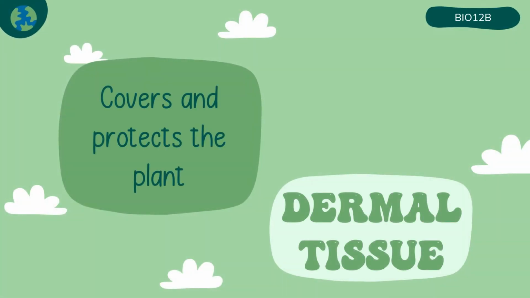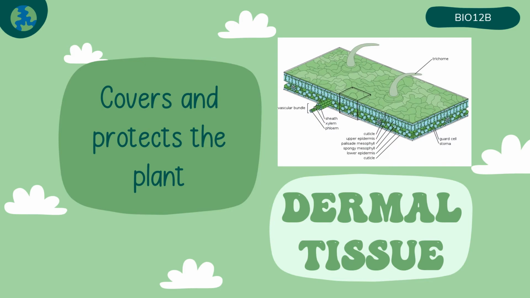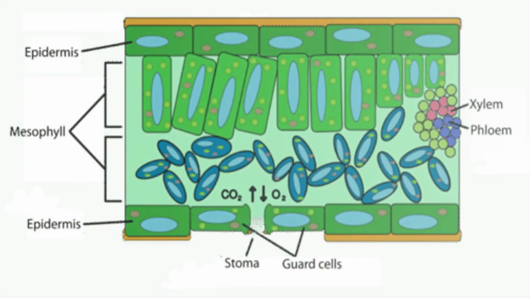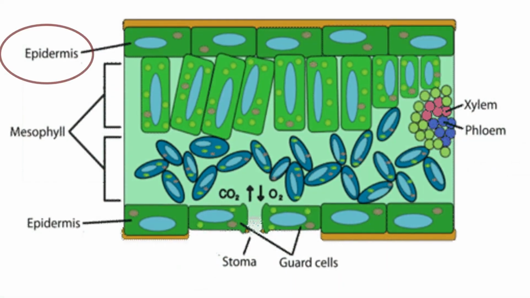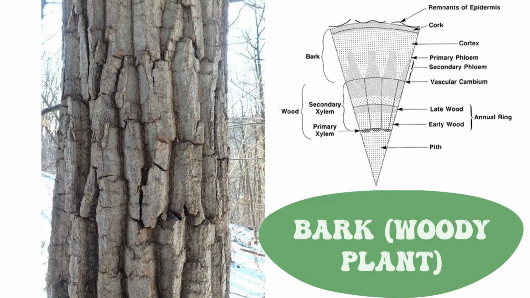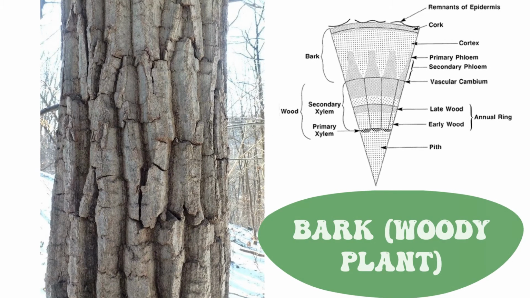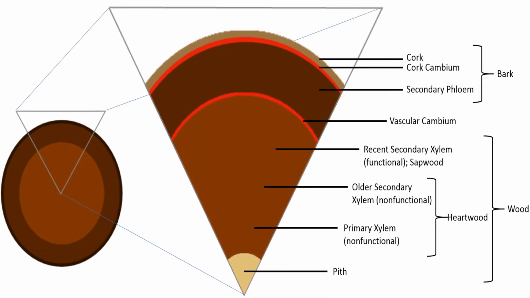Dermal tissue is known to cover and protect the plant. The dermal tissue of the stem consists primarily of epidermis, a single layer of cells covering and protecting the underlying tissue. Epidermal cells are the most numerous and least differentiated of the cells in the epidermis. Woody plants have a tough, waterproof outer layer of cork cells commonly known as bark, which further protects the plant from damage.